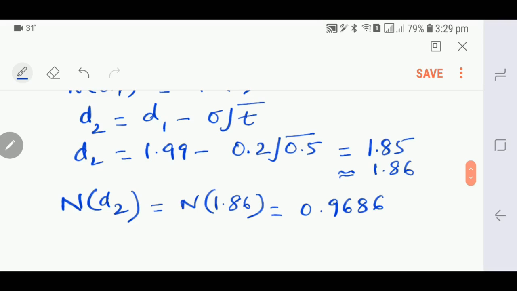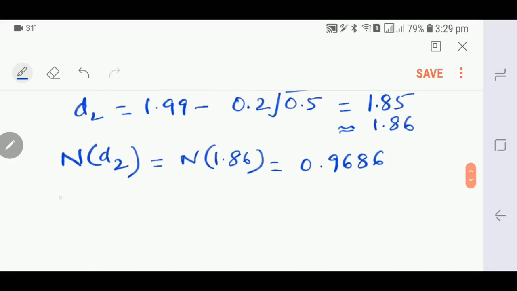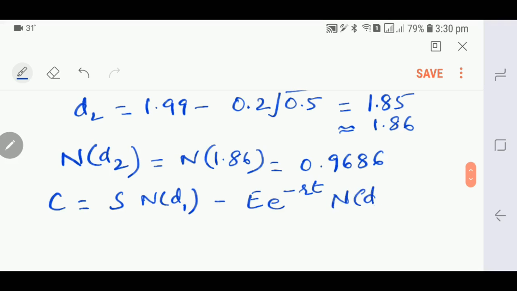So now that we have all the inputs, we can find out the value of a call option fairly easily. The value of a call option is given by the stock price multiplied by N of D1 minus the present value of the exercise price, which I'm writing as this, and this present value is multiplied by N of D2.